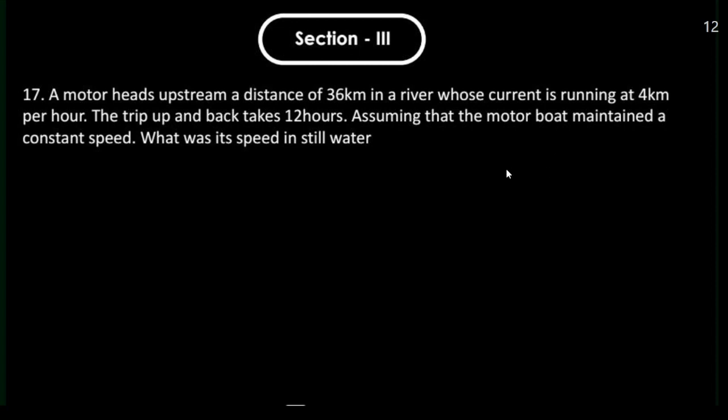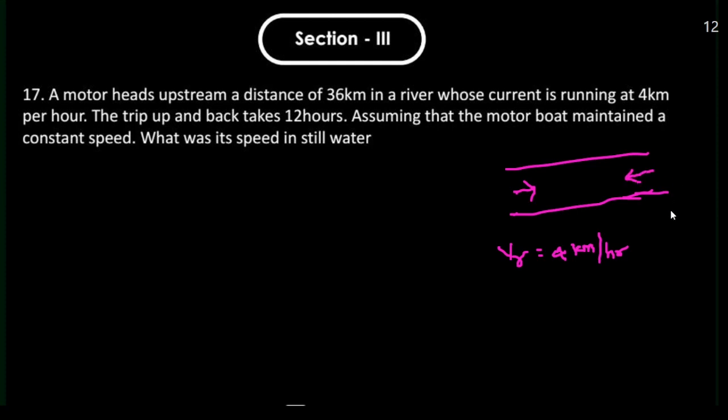Here the situation is this is the river, it is flowing this way and its current speed is VR, which is 4 kilometers per hour according to the question. And a motorboat heads upstream. Upstream means the boat is going in this way, right? Then its speed is the upstream speed. So let's write the upstream speed.